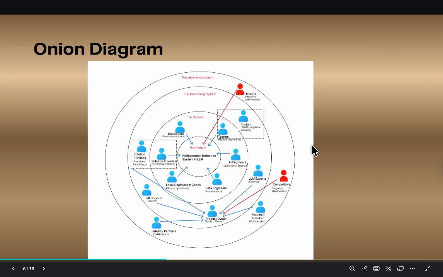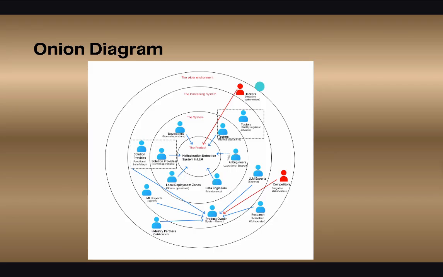This is my onion diagram. It shows the stakeholders in layers. In the center is the product, which is my hallucination detection system. The layers help me explain who is closest to the system and who affects it from outside.